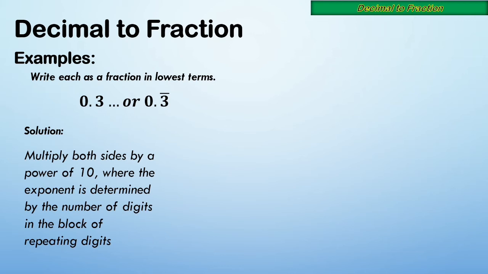Multiply both sides by a power of 10, where the exponent is determined by the number of digits in the block of repeating digits. Okay, ano yan? Let's have here n is equal to our given. Okay, meron tayong n representing the number which is itong given natin na 0.333 and so on.